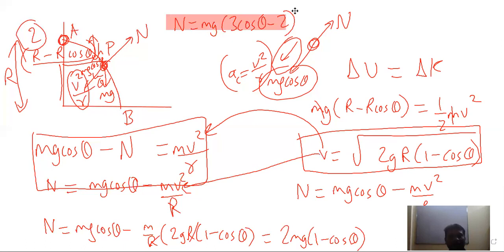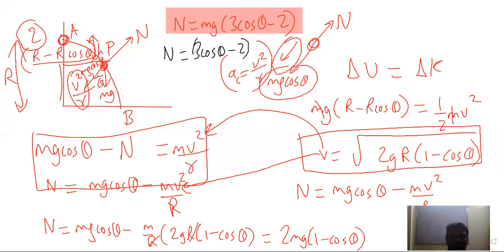This is the value of normal reaction. Now if you see carefully, this normal reaction can be positive or negative, because of the term 3 cos theta minus 2. This quantity can be positive or negative.